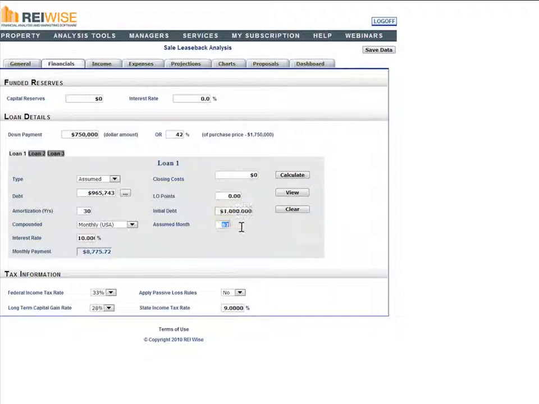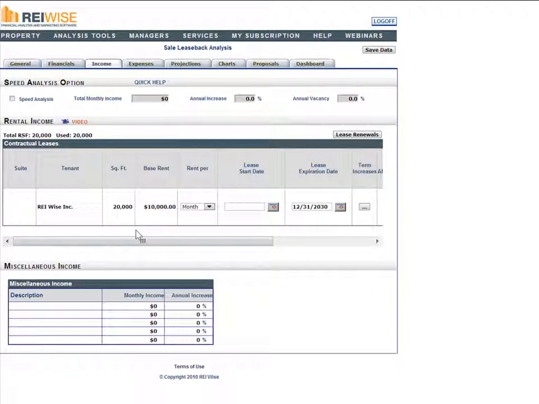You then want to put in the month that you are currently in on that loan so that it will pick up proper amortization schedule and produce the current debt remaining on this loan. Once you enter this loan, it will not only provide the amount remaining on the loan, it will also provide a monthly payment, which would be the continued carrying cost if you do not sell the property and hold it.